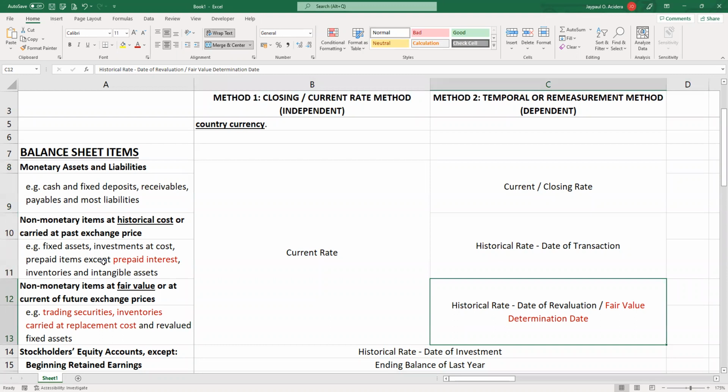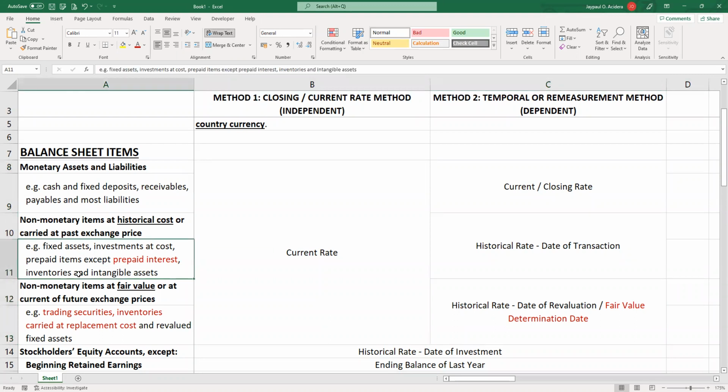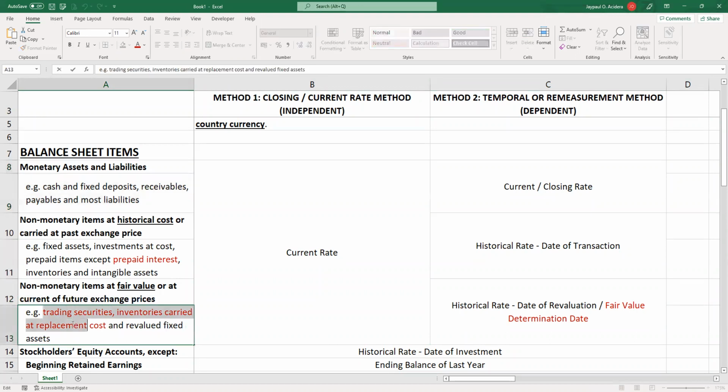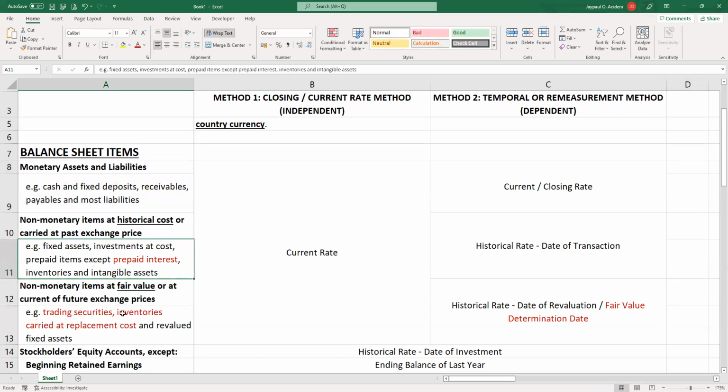Prepaid interest, that's the exception sa prepaid items. It will be accounted for just like monetary assets and liabilities. Pati yung mga non-monetary items at fair value, except for revalued fixed assets, no? Itong nakaret na to, trading securities and inventories carried at replacement cost, okay, that will be accounted for just like monetary assets, no?